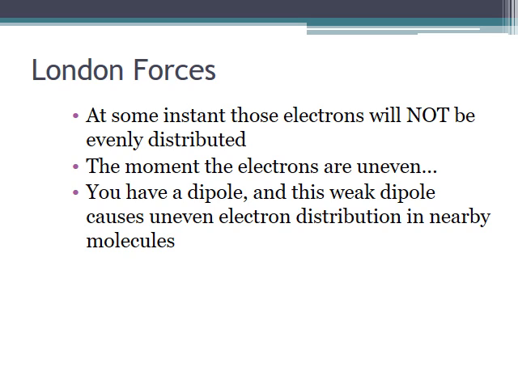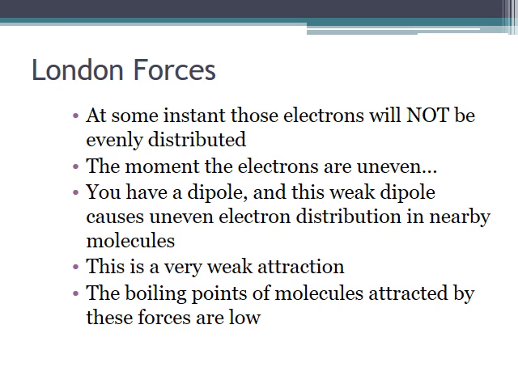The moment that the electrons are uneven, you have a dipole, an instantaneous dipole. And this weak dipole can cause uneven electron distribution in nearby molecules. This is a very weak attraction. The London forces are the weakest of the forces. The boiling points of molecules attracted only by London forces are very low.